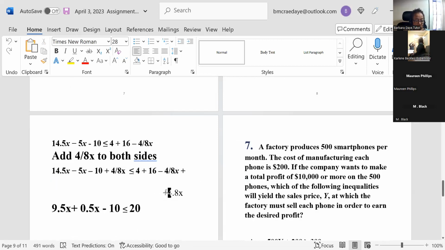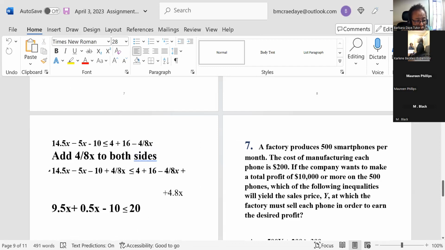Yes, I understand. Minus 4, and you get the 0. So that's how you get the 0 on the right, and you're left with the 4 plus 16, and that's the 20. You got it?